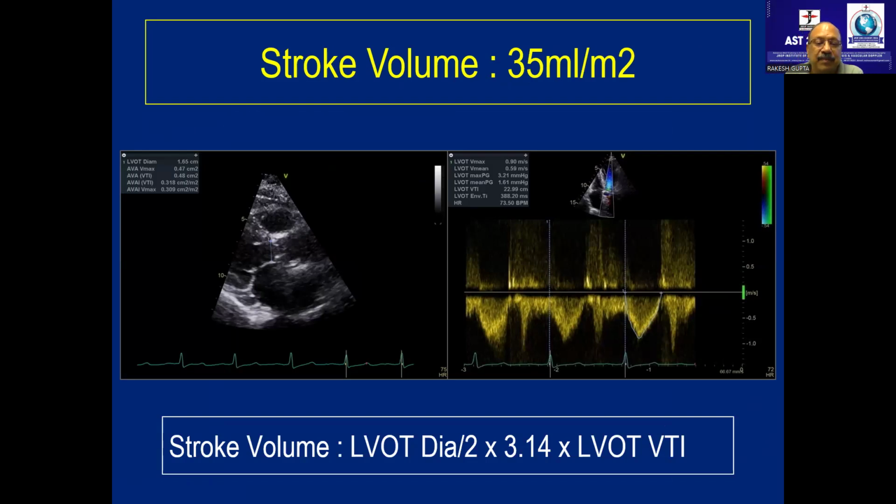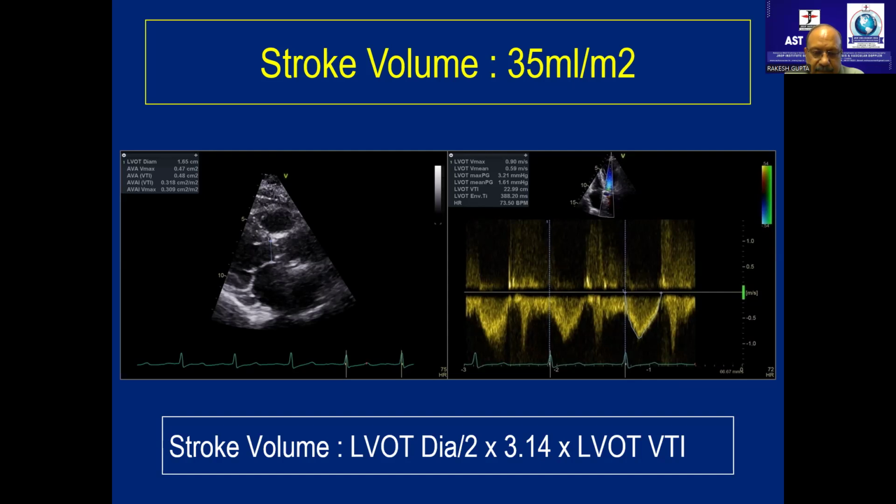Tell me, I didn't get it, how do you calculate stroke volume? Stroke volume, sir. Yes, sir. We take LVOT area into VTI. Okay, how to calculate LVOT area? LVOT area, sir. We take LVOT diameter divided by 2, into pi r square.